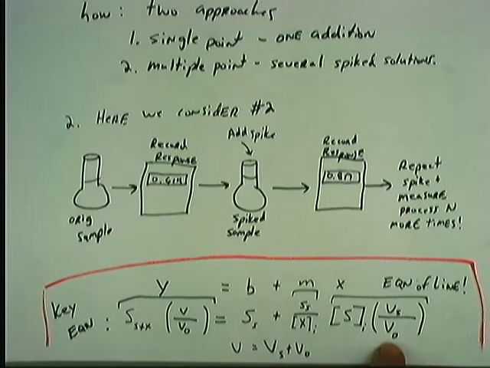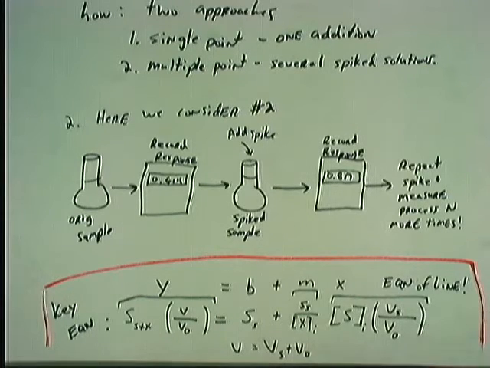Then we've got our x variable, which is also a product out here. It's this volume ratio, V sub S, the volume of the spike divided by the original, times the concentration of the spiked solution. Okay? So our strategy, if we're ever faced with a multiple point calibration, internal calibration, this method of standard additions as it's called, is we're going to use this equation and we're going to make a graph, an XY plot. You can do that in a graphing program. I'll show that here in a second.